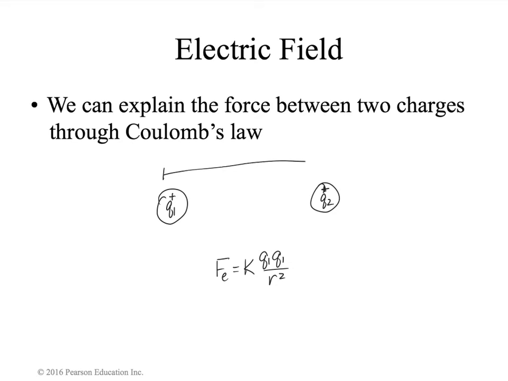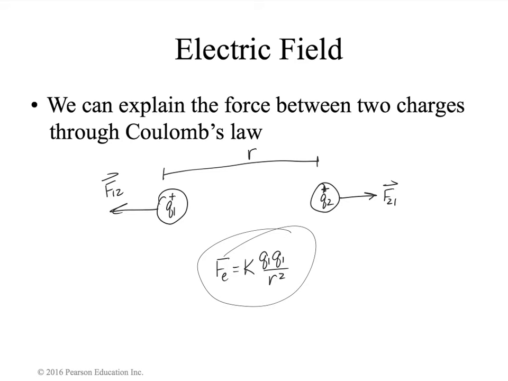If they are some distance r apart, the force on 2 due to 1 is to the right, and the force on 1 due to 2 is to the left, because they repel each other. We simply say that it's due to the Coulomb force, and this is how we calculate how large the force is. This is very similar to the example for the gravitational field.